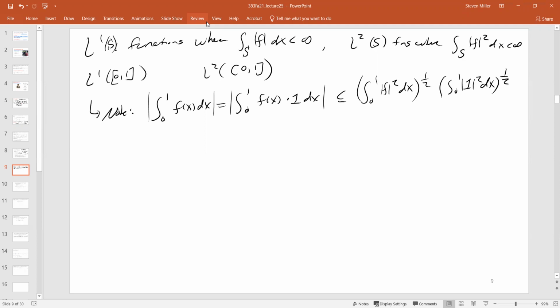Cauchy-Schwarz is extremely useful in a setting like this because it's an interval of finite length, as the length of S is finite.